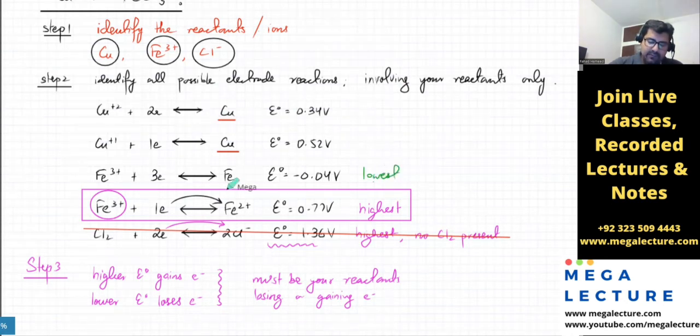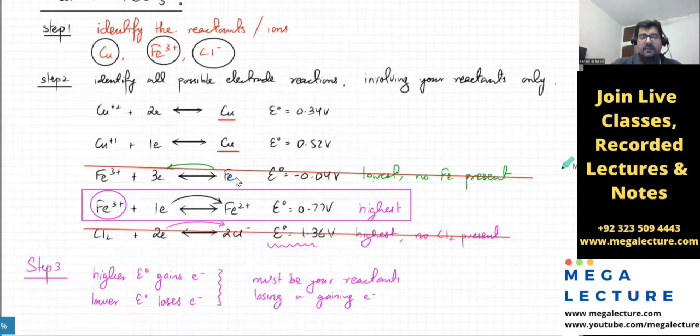That's the one that loses electrons, right? But we don't have Fe. Look at the reactants. We have Fe3 plus. We don't have Fe. So that means I can't use this equation. There is no Fe present in my reactants. So I'm going to cut this equation.